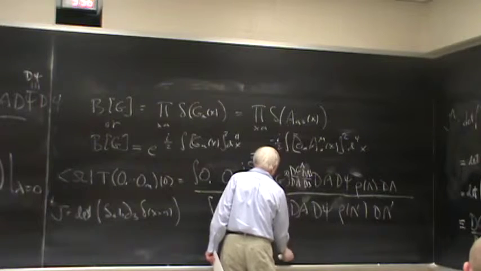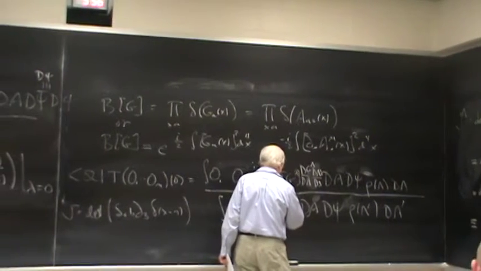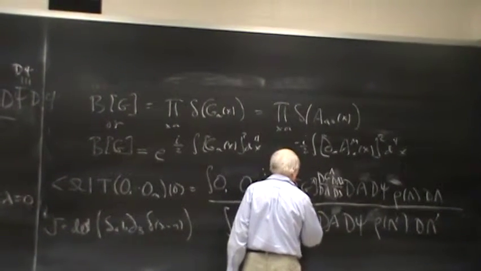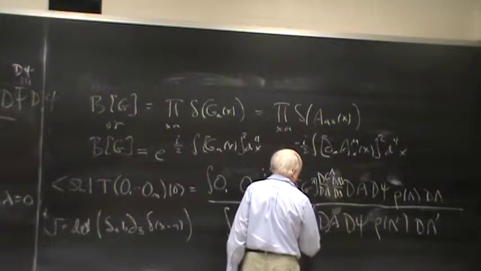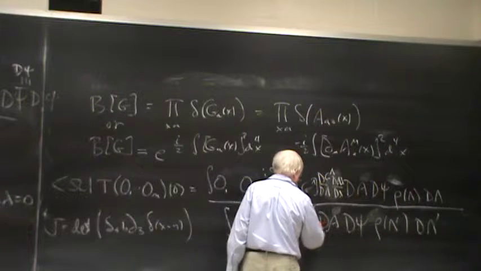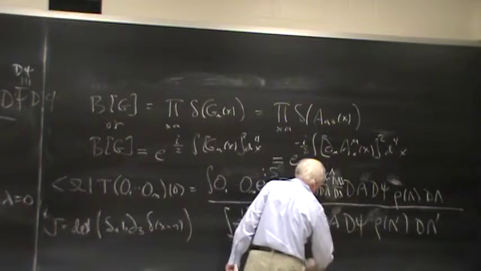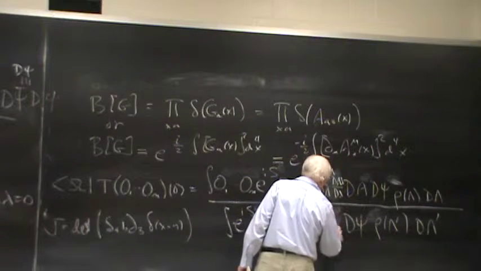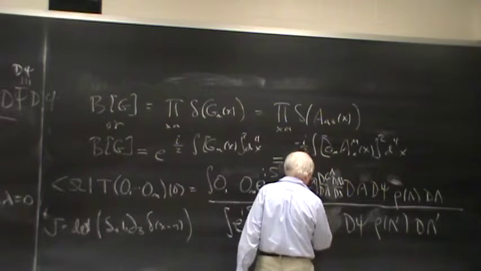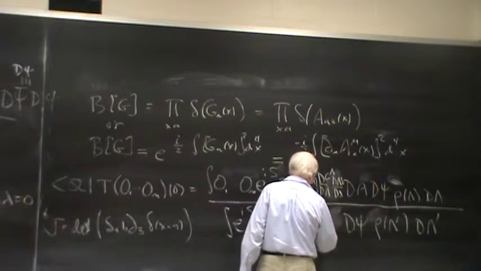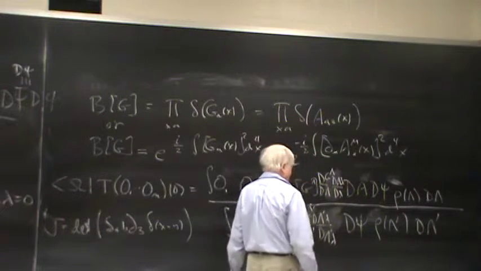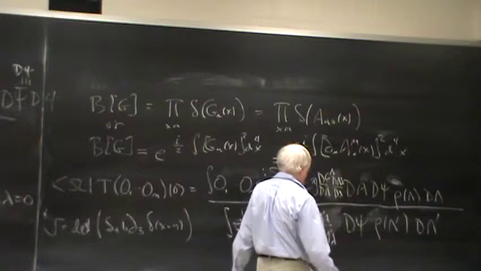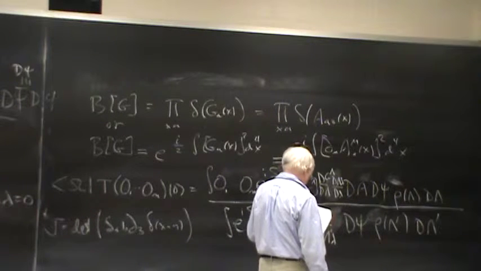And this will be the same thing here. It'll be dG lambda prime over d lambda prime, and then d lambda prime lambda over d lambda prime, maybe I should have another lambda prime, but I'll just leave it like that since we're setting lambda equal to 0 anyway.